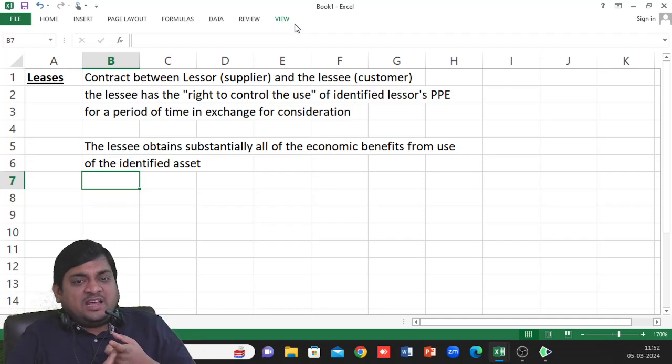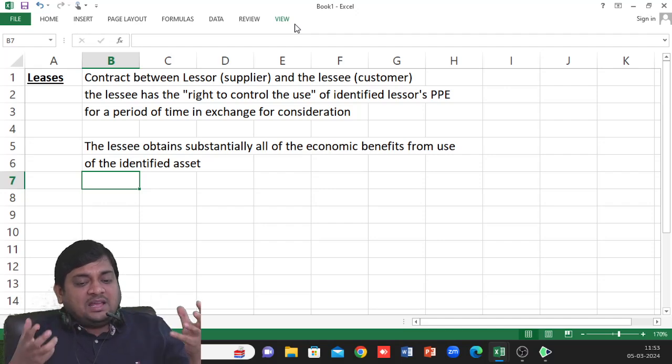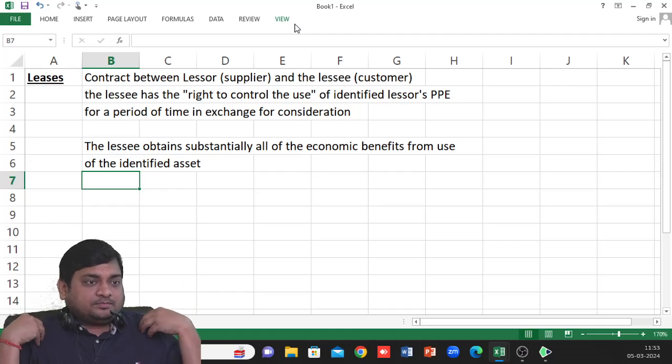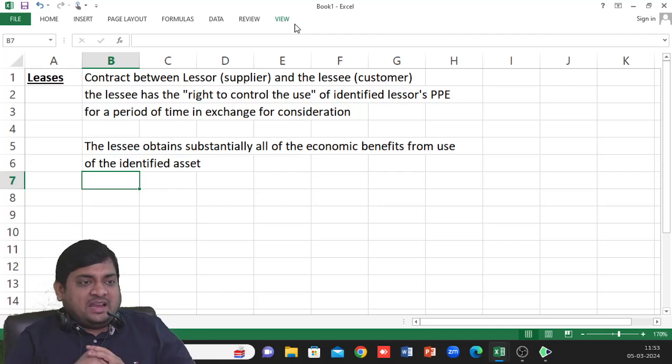The consideration can be based on lessee's performance. The consideration can be based on lessee's sales. But all the economic benefits belong to me. Whatever sales I am making by using your asset, a certain percentage can go. That is okay.